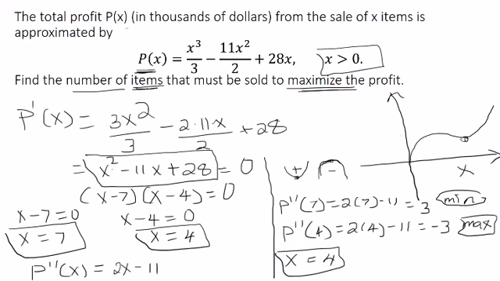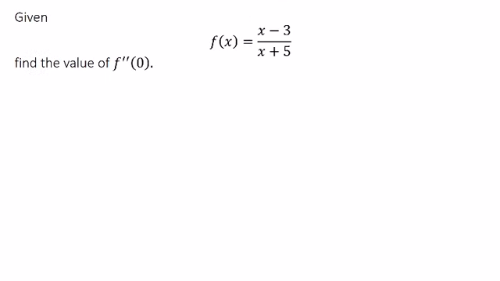All right, let's move on to our third question here, which says, given f of x equals x minus 3 over x plus 5, find the value of f double prime of 0, which means find the second derivative at 0. If you remember the quotient rule, that might be useful here.